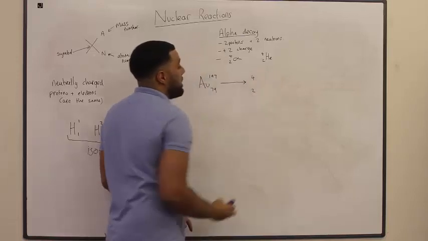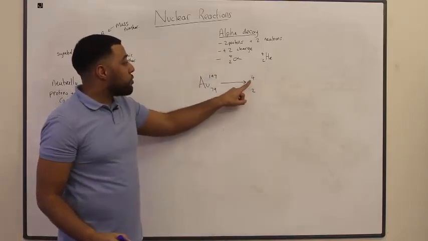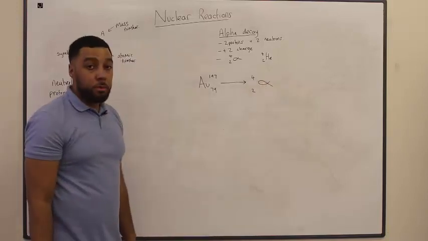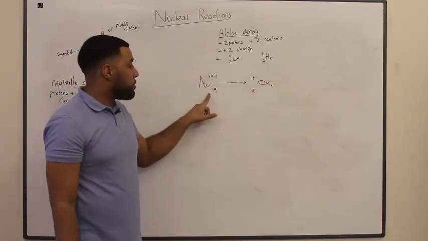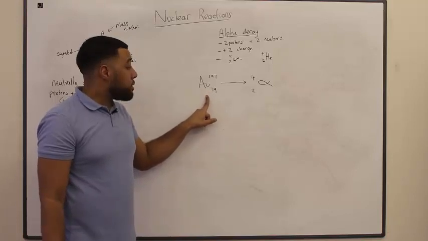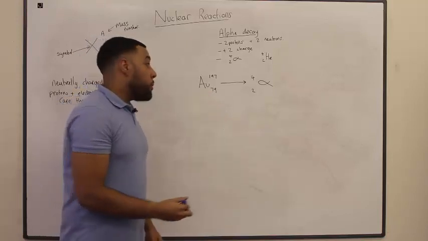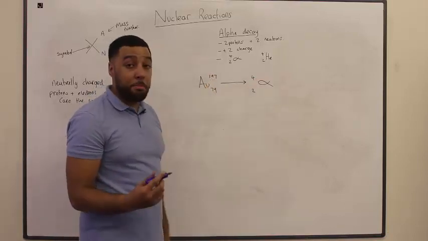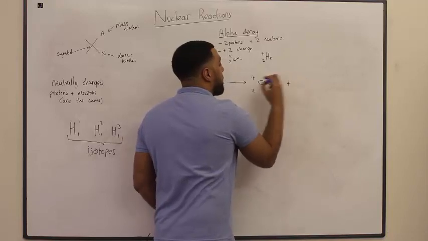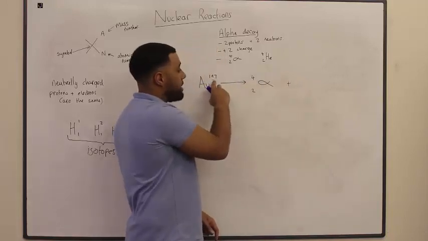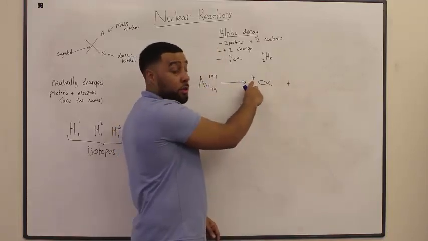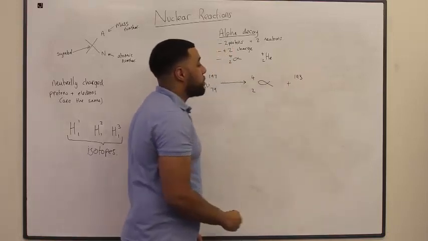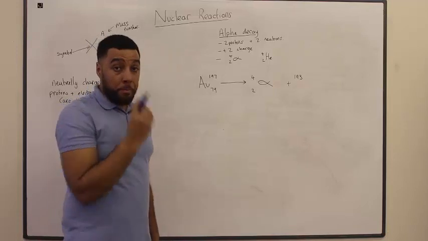So on the other side of the reaction, I will draw my alpha particle. This particle has been lost from the nucleus of this gold atom. But when we do nuclear equations, we have to make sure that the mass is balanced. So if I do 197 take away 4, that leaves me with 193.